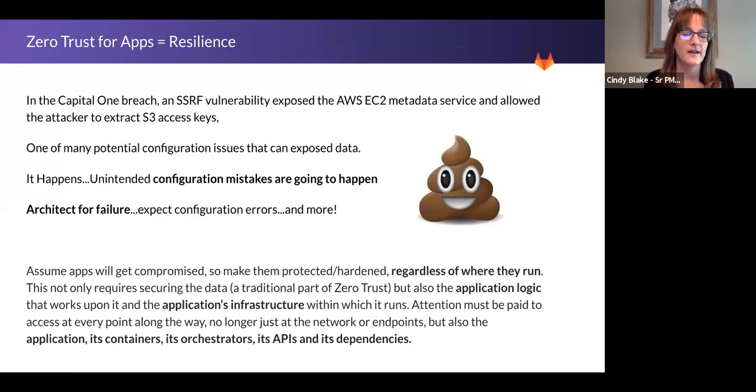So rather than trying to keep everybody out, just like zero trust for networking, zero trust for applications should assume that there will be failures. Bad guys will get in, they'll get access to the apps. You've got to architect for resilience.